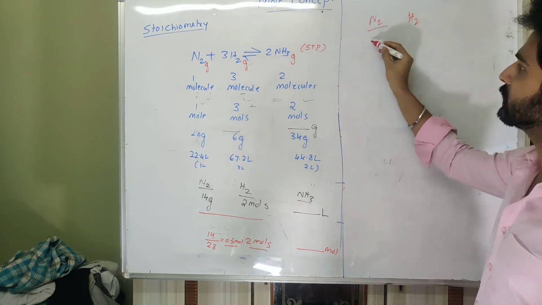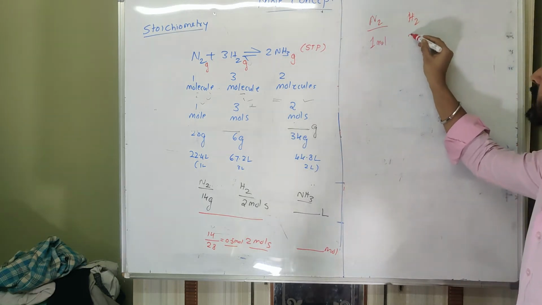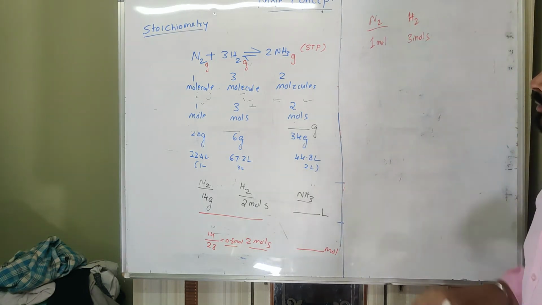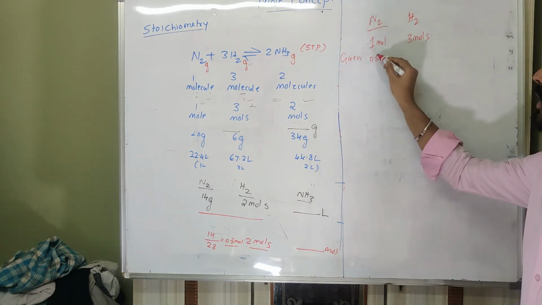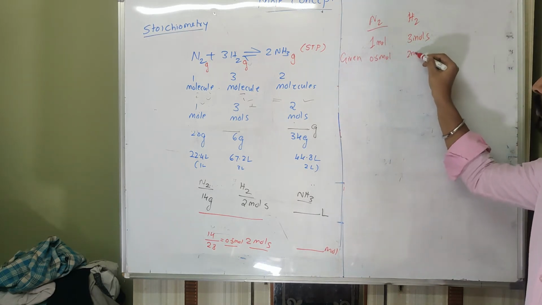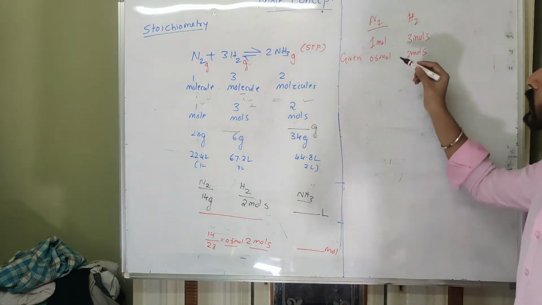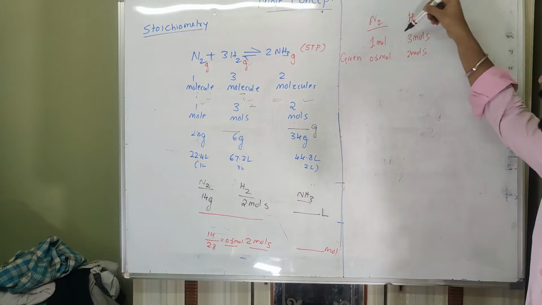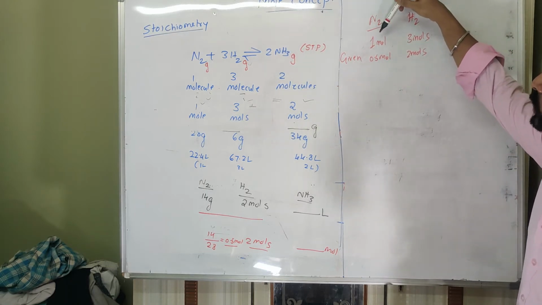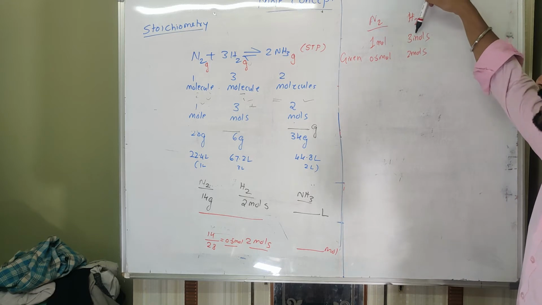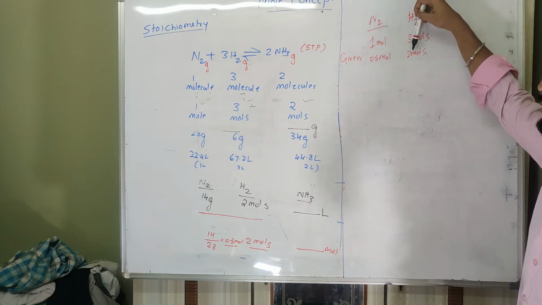Since we are talking about mole ratio, 1 mole of nitrogen needs 3 moles of hydrogen, and the given data says this is 0.5 mole and this is 2 moles. Out of the stoichiometric ratio, go for the smallest one. So 1 mole needs 3 times greater, so 0.5 needs 3 times greater, which is 1.5.